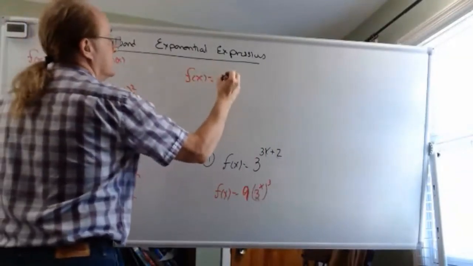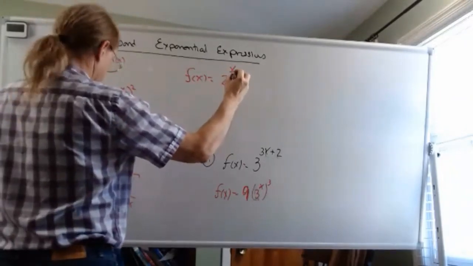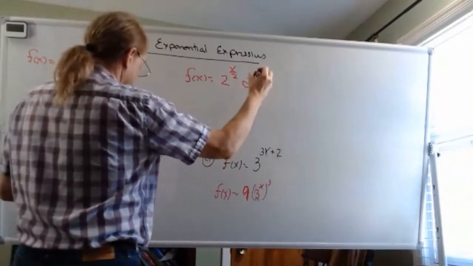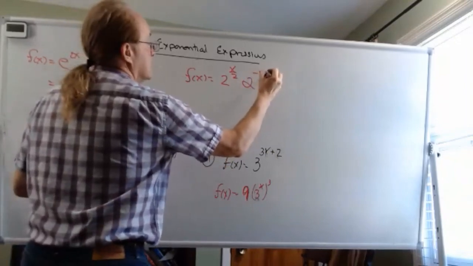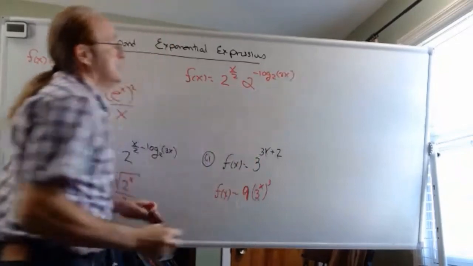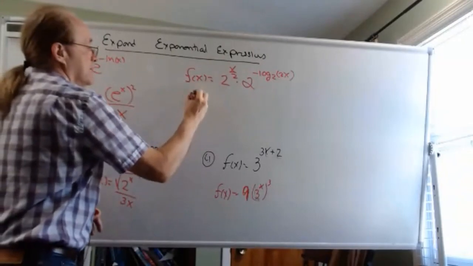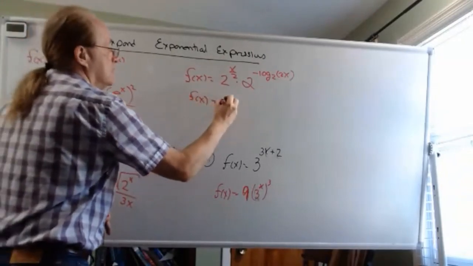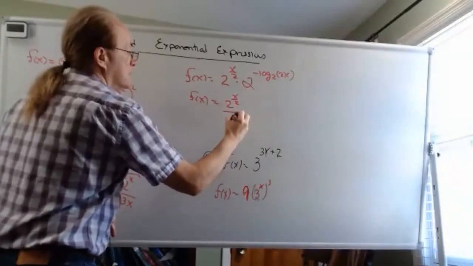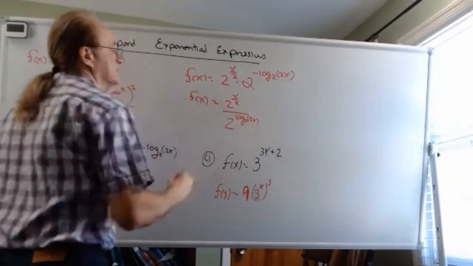I'm going to write it as 2 to the x over 2 minus, or excuse me, 2 to the x over 2 minus the log in the base 2 of 3x. Negative exponent, so I can bring that down and make it a positive exponent: 2 to the x over 2 over 2 to the positive log in the base 2 of 3x.